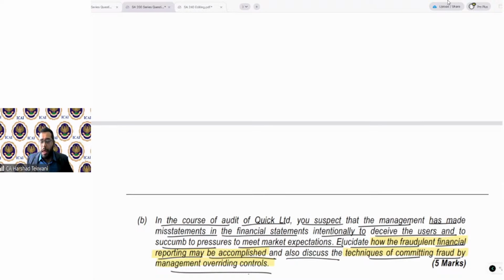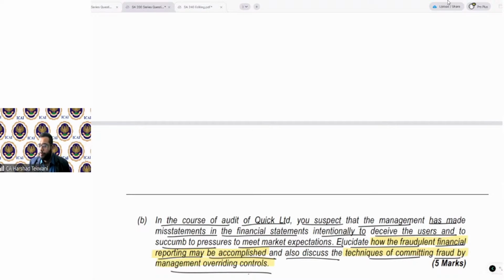So, guys, waiting for your answer, you need to provide how the fraudulent financial reporting can be accomplished by the management. What can management do to conduct a fraudulent financial reporting? Some examples I'm asking. Correct, Janvi.